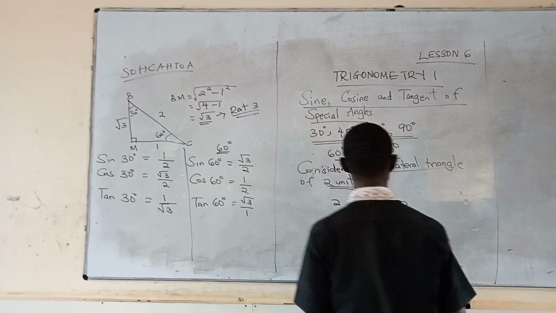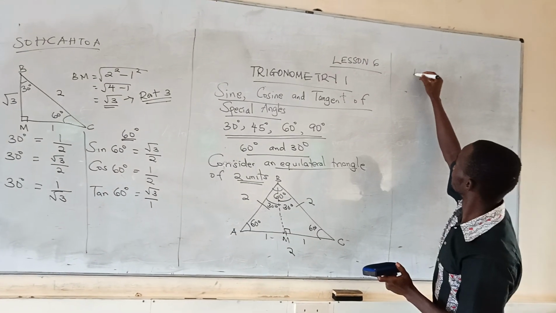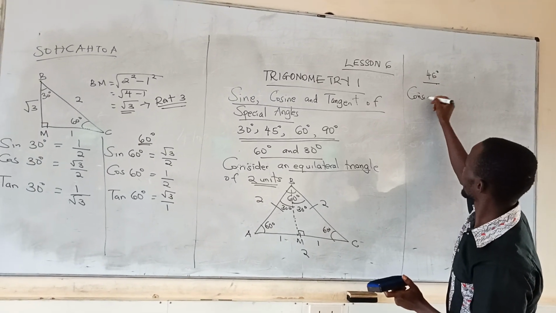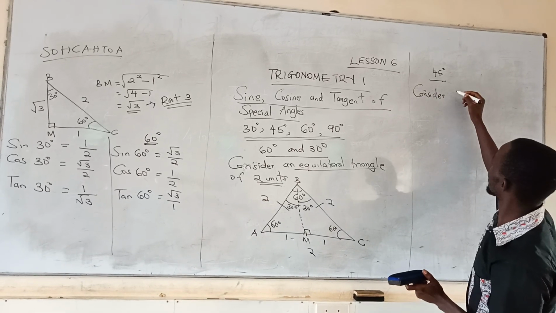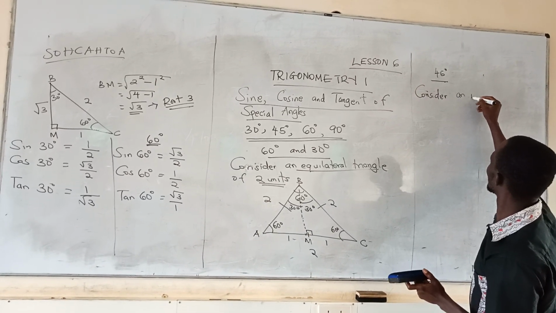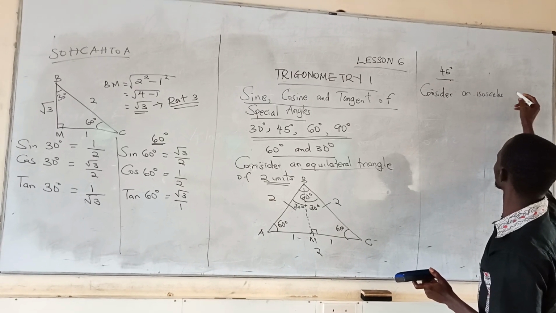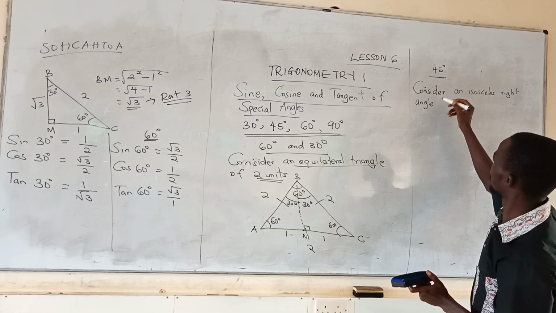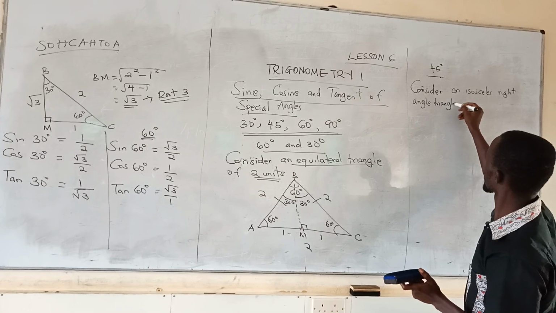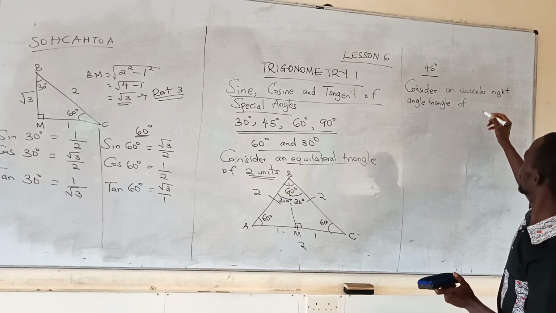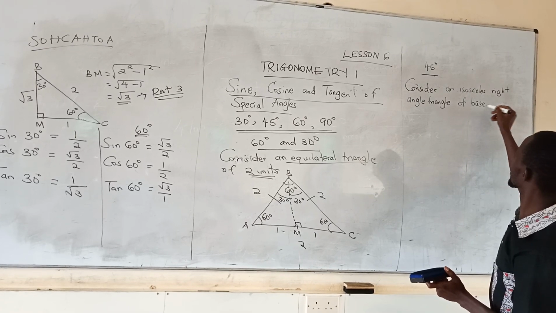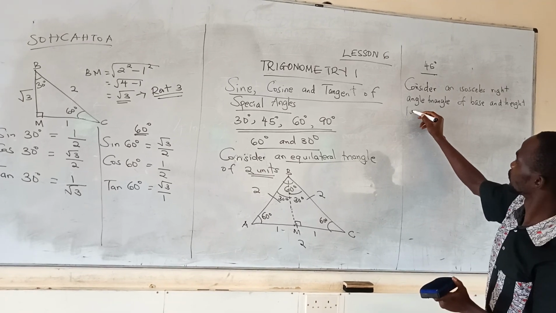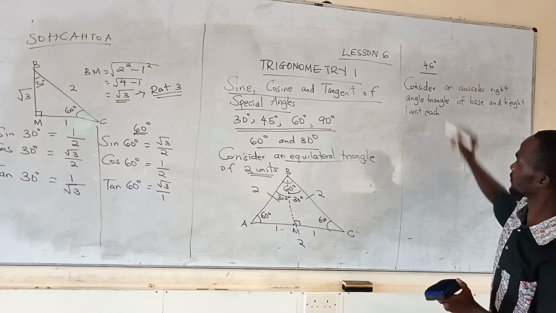If we look at the special angle 45 degrees, consider an isosceles right angle triangle of base and height 1 unit each.